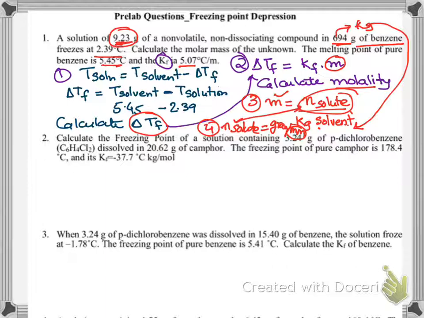Question number 2, you have to find the freezing point of a solution. We know that delta Tf is equal to Kf times molality. And what is delta Tf? It is the change in temperature, which is the freezing point of the solvent minus freezing point of the solution.